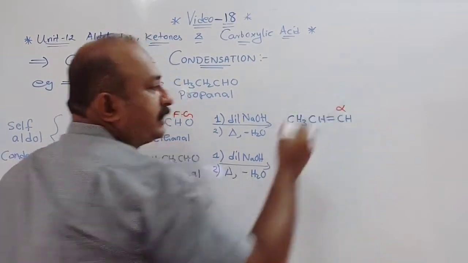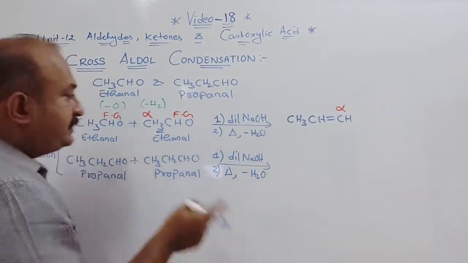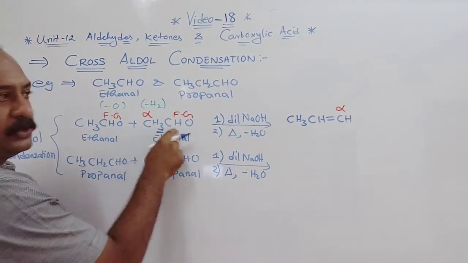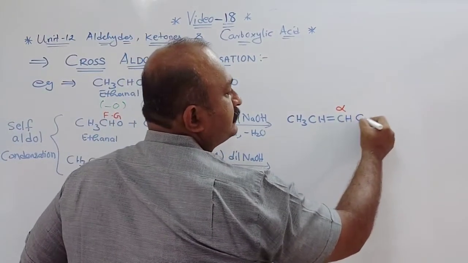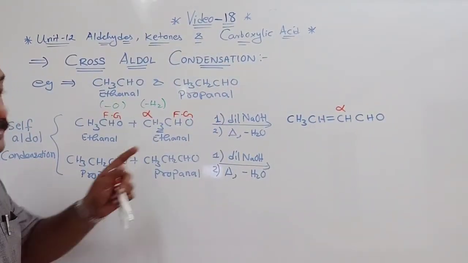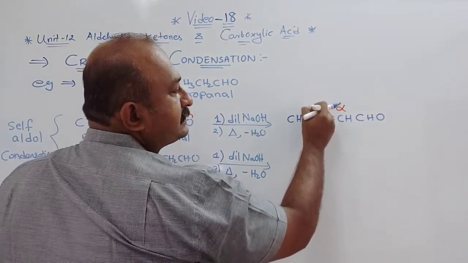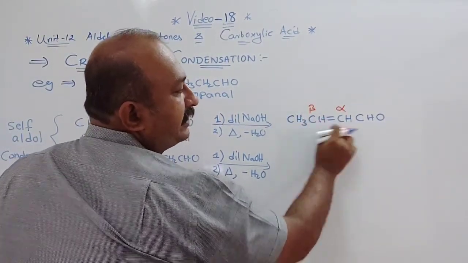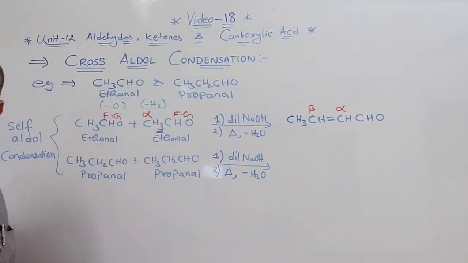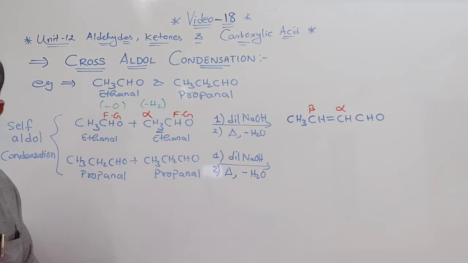This is your alpha, and this is your functional group, but now it will change. From here hydrogen is removed, and what remains is CHO. This is the easiest way to remember. The carbon next to alpha is beta, and between alpha and beta a double bond is formed.